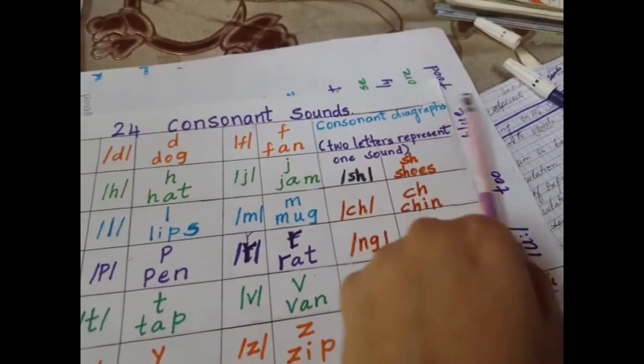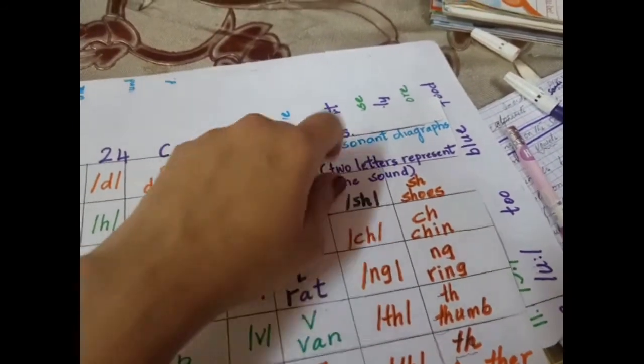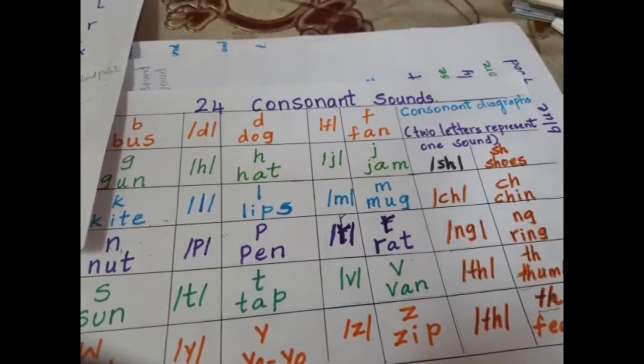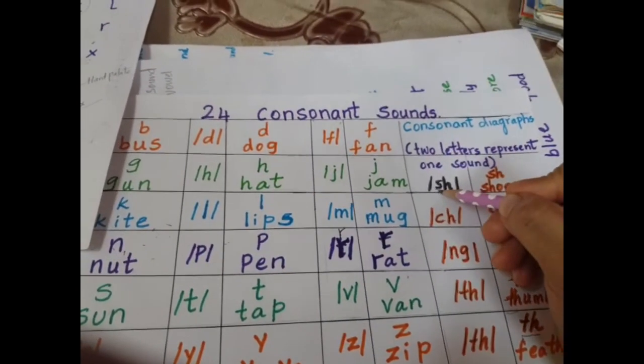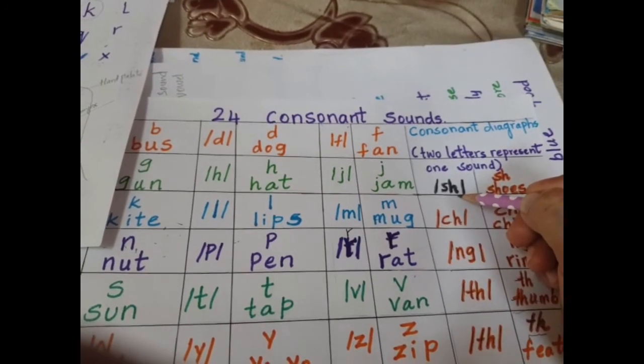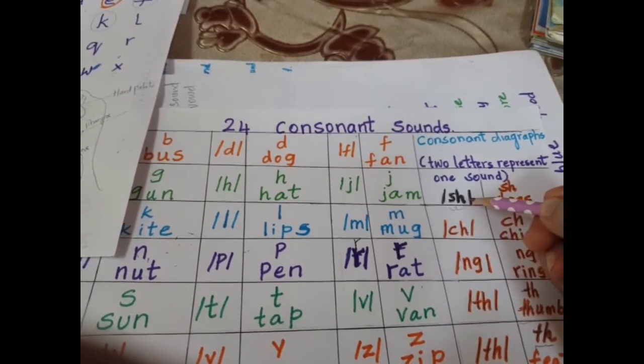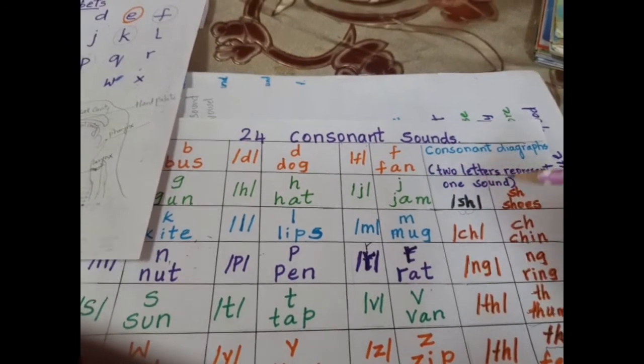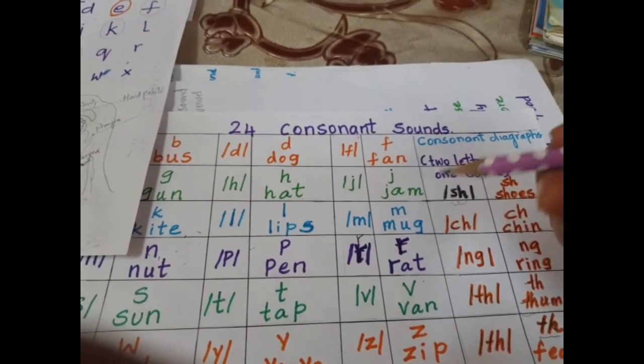And you have consonant digraphs. Consonant digraphs are when you have two consonants. S is a consonant, H is a consonant. When two consonants combine together, these two letters make a different sound, something very different.